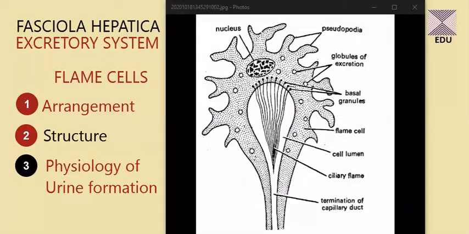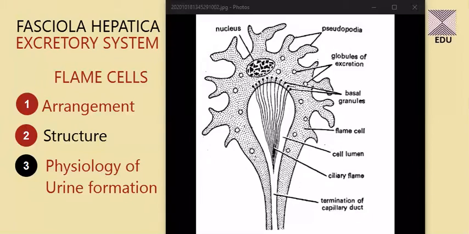Now students, we are taking up the third aspect of flame cells. This is the physiology of urine formation, that is, how the urine is formed inside these flame cells, and this is the most important part. First of all you should know that the flame cells are present inside the body of the Fasciola hepatica, and the excretory products which have to be excreted are present outside the flame cell.